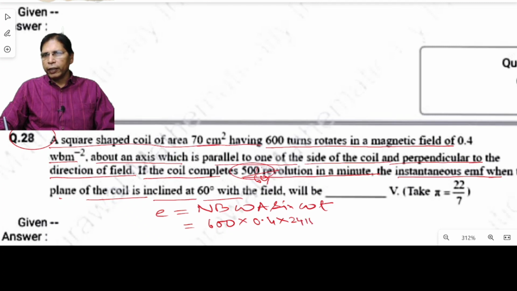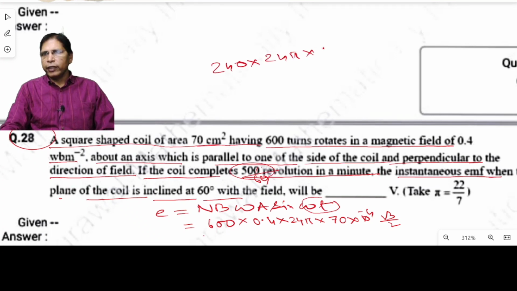Pi. Now A is the, look at this, 70 centimeter square. So 70 into 10 to the power minus 4. And this equal to, look at this is the 60 degree. So this is the root 3 by 2. Okay. So this is the 240 into, this is the 24 pi into this is the 70 into 10 to the power minus 4 into 0.866.